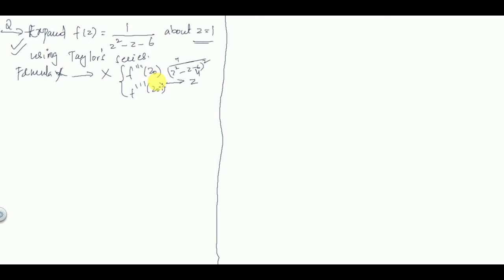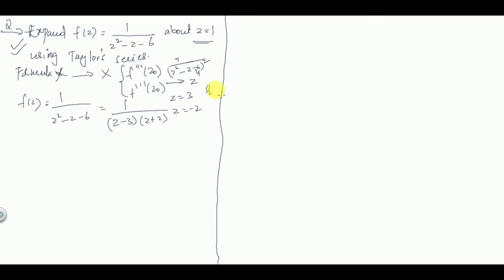Given f of z is 1 by z square minus z minus 6, this can be written as 1 by (z minus 3) into (z plus 2). So the singularities are z equal to 3 and z equal to minus 2.